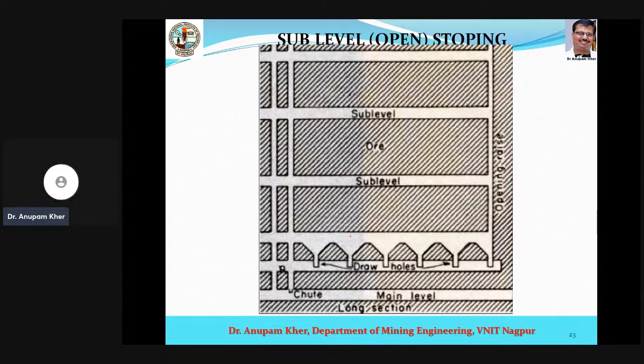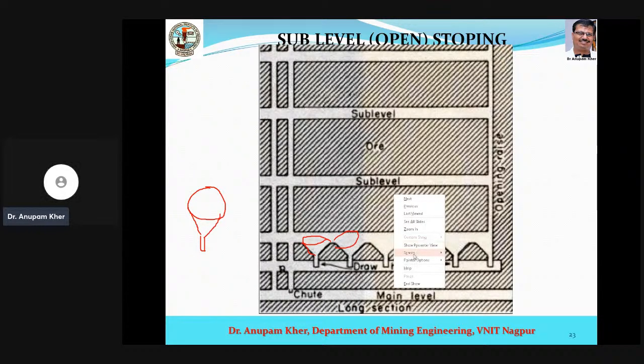Now all the sub levels are created, and these finger raises or chutes are basically this kind of feature. If you see from the top, they will look like this in 3D.